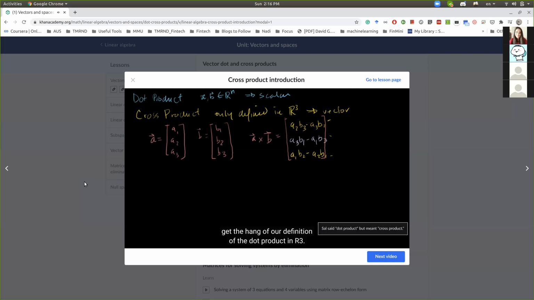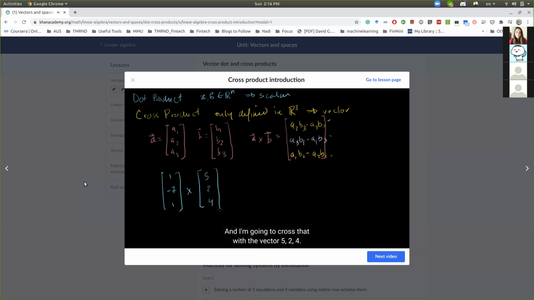So let's say I'm crossing the vector 1, minus 7, 1 with the vector 5, 2, 4. This is going to be equal to a third vector.